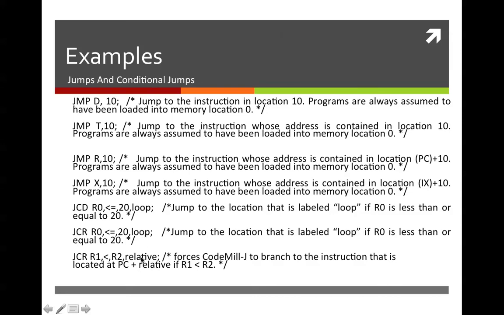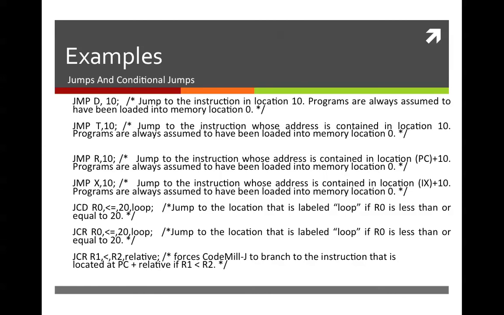This is also true for this, but the condition has changed from this to this. So again, relative jump would be useful when you want to contain programs within a small space of memory, and you want to give a small field to this address field in an instruction format to keep things short.